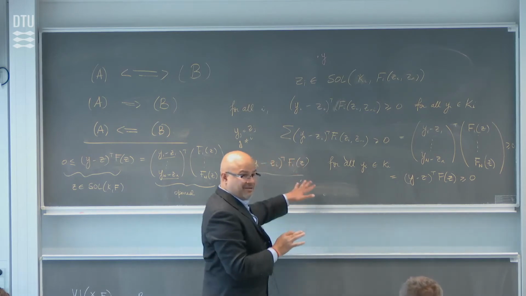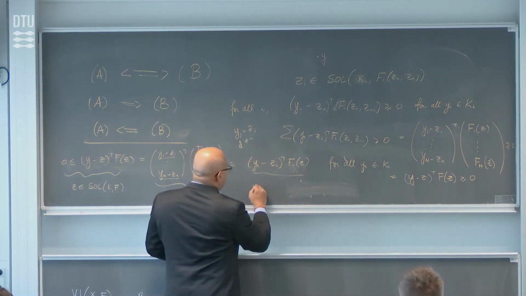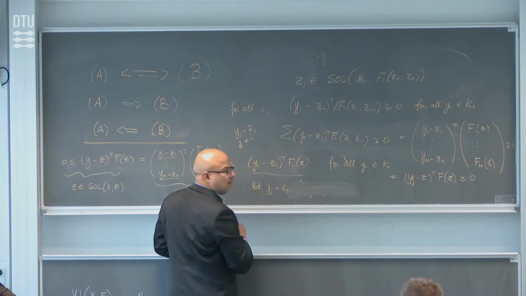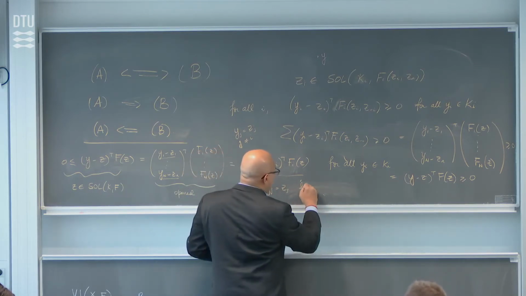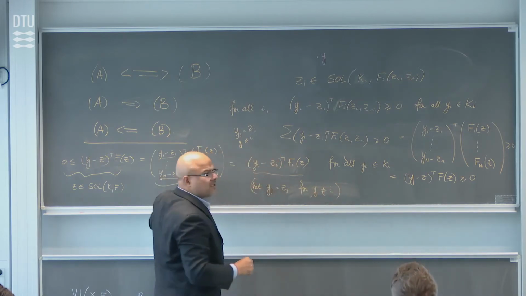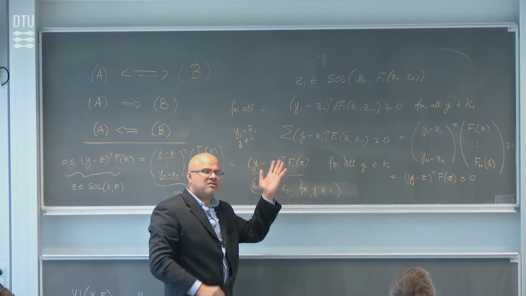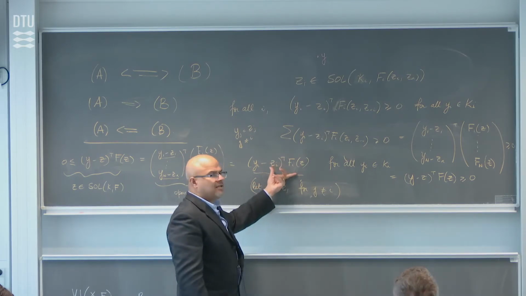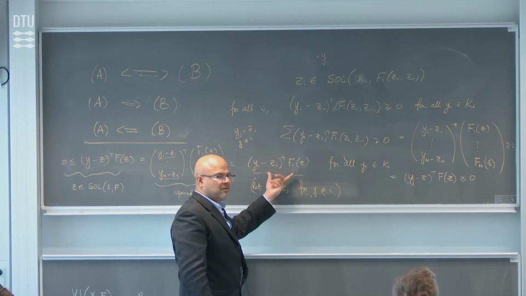Right? That's what I need. So I set y_j equal to z_j for j not equal to i. And as soon as I do that, all these other products just disappear. Okay, and then I'm able to get exactly this because I'm trying to show this is non-negative.